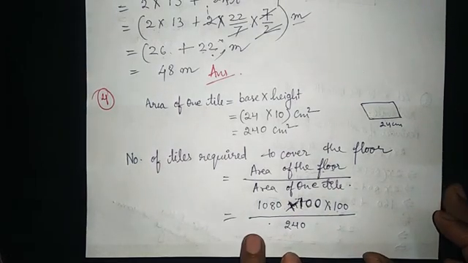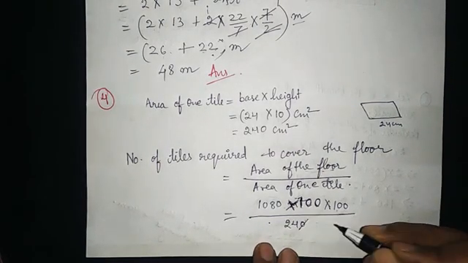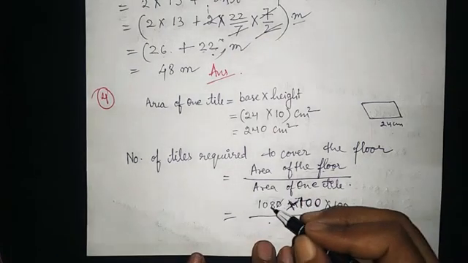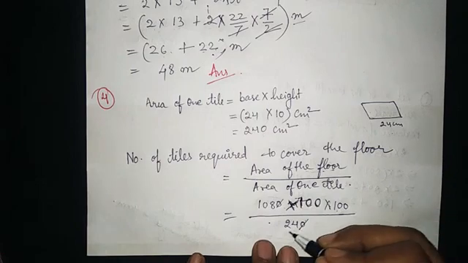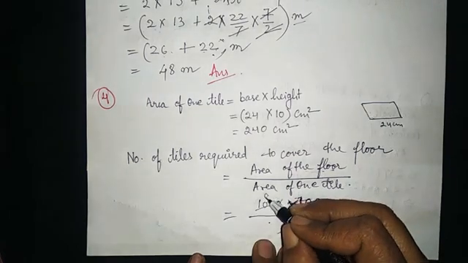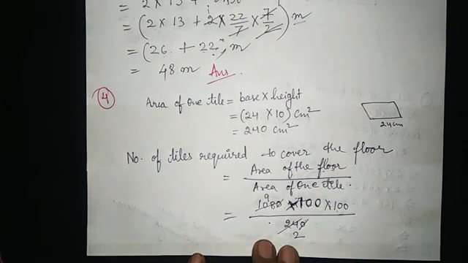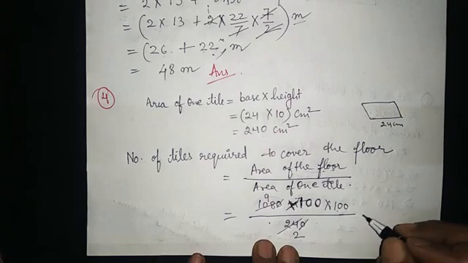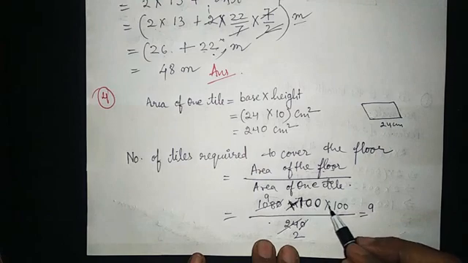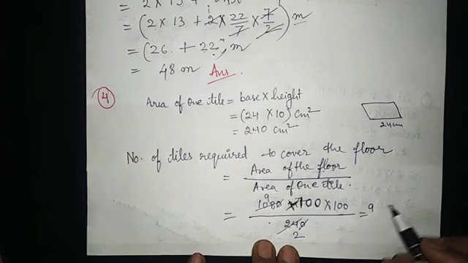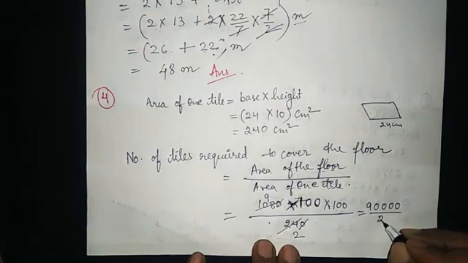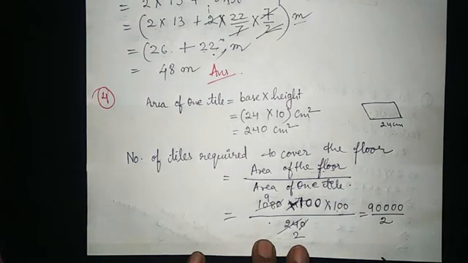Now let's solve this. Here this 0 and this 0 we can cancel. Now by table of 12 we can simplify. 12 twos are 24, 12 nines are 108. Now 9 ones are 9, and after 9 how many zeros we can put? 1 2 3 4, and now we will divide it by 2. Clear?